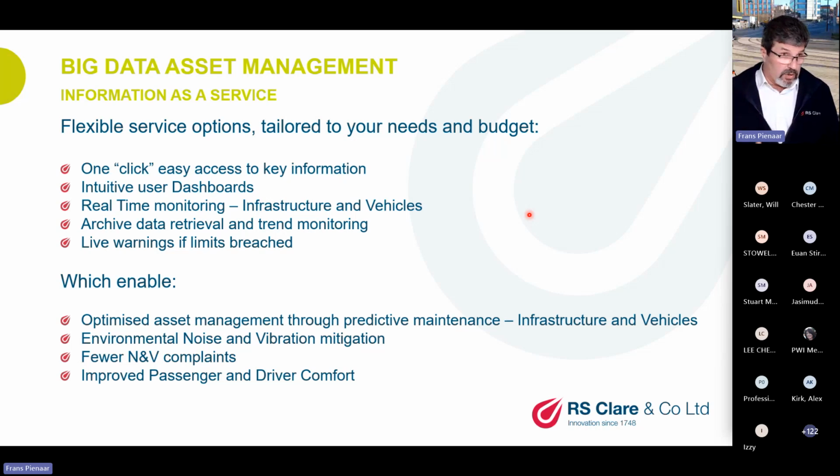We collect all the data, we do the analysis of the data, and then help you to improve your network. Not only by improving it for your customers, but also by reducing the cost that you spend on maintenance, and of course saving you time as well.